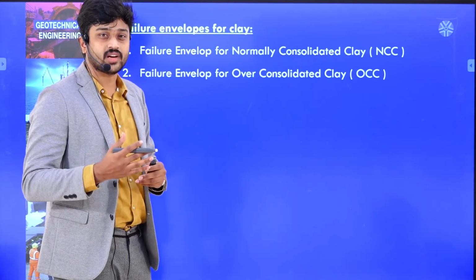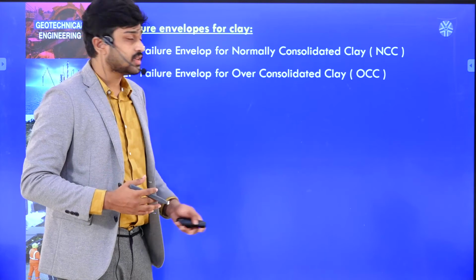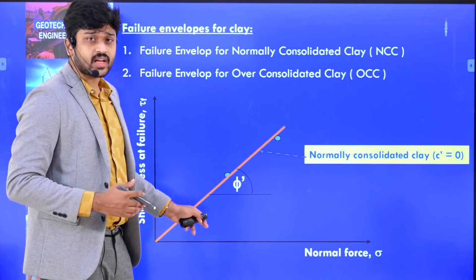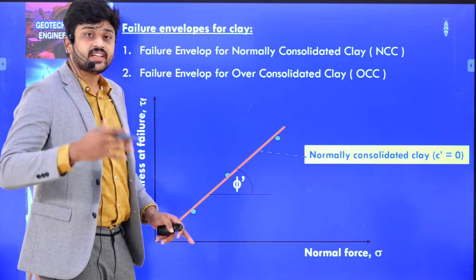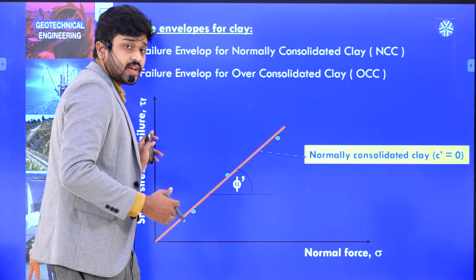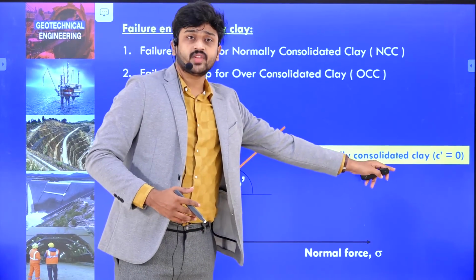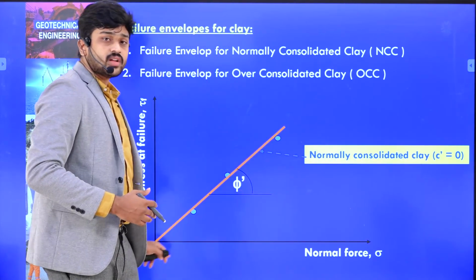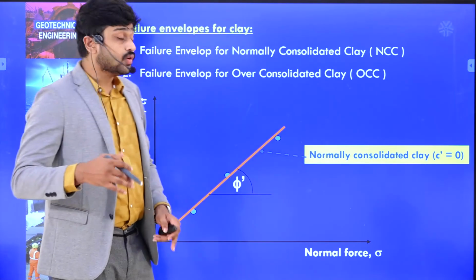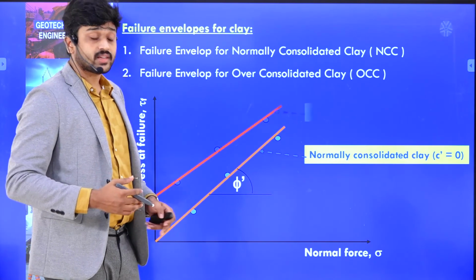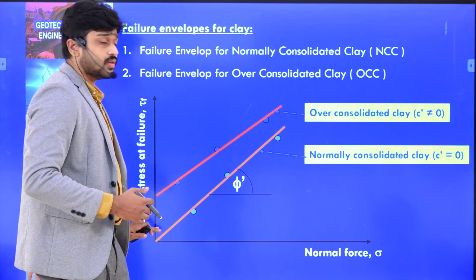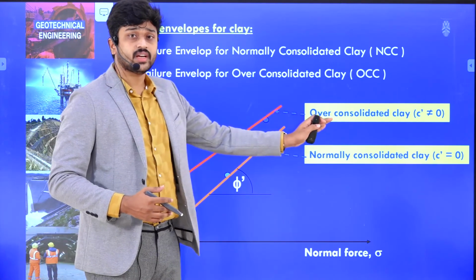If I take three different test samples of normally consolidated clay and plot a graph in sigma and tau space, the envelope will pass through the origin. That is why the cohesion intercept c dash is 0. But for the over consolidated clay, it will start with an intercept.